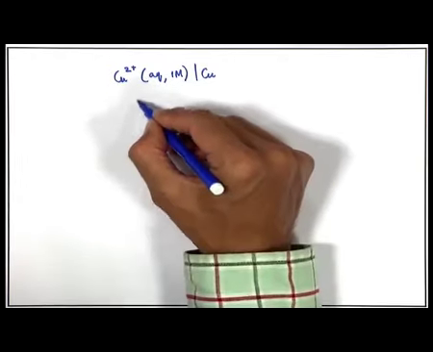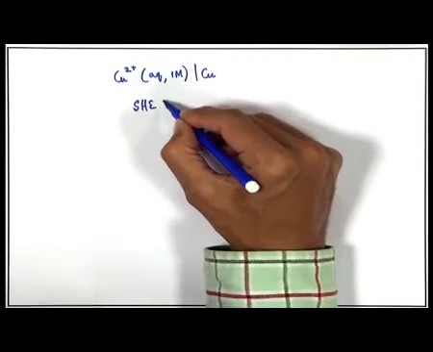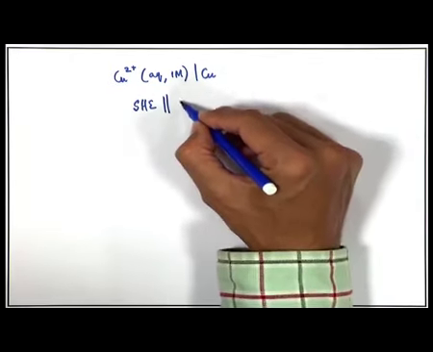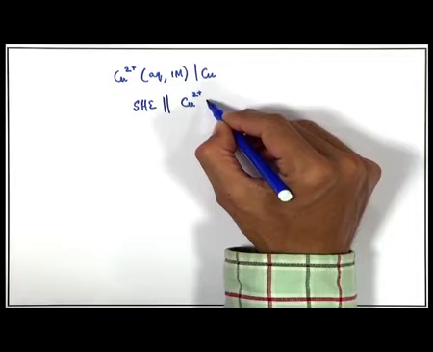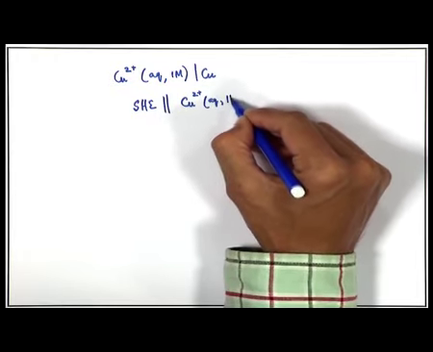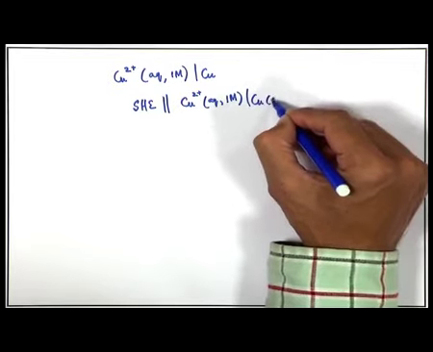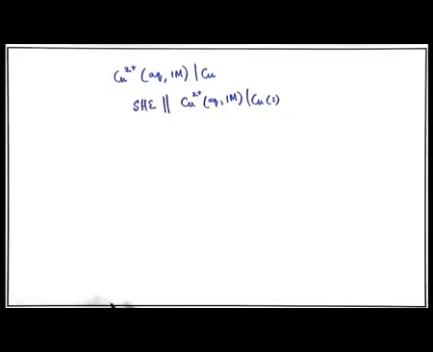So, your constructed cell will be SHE, then Cu 2 plus 1 M, then Cu solid, Cu metal. Okay.